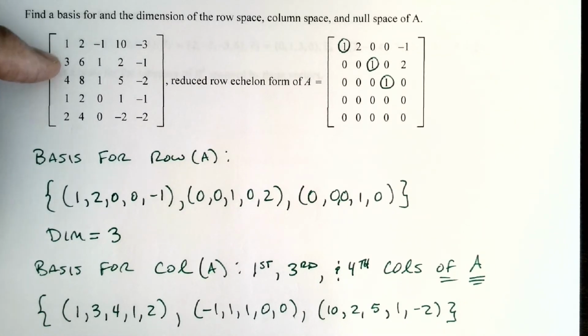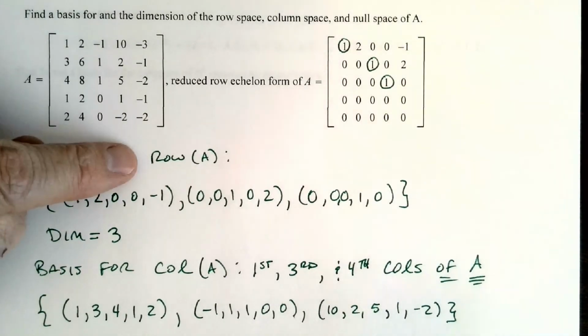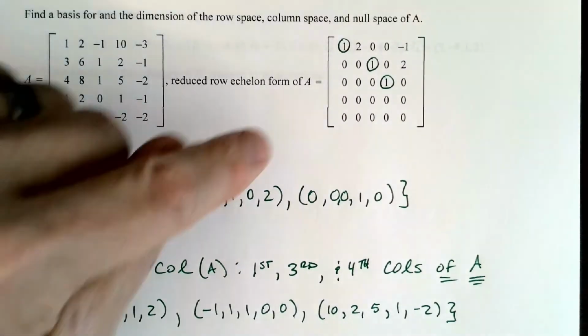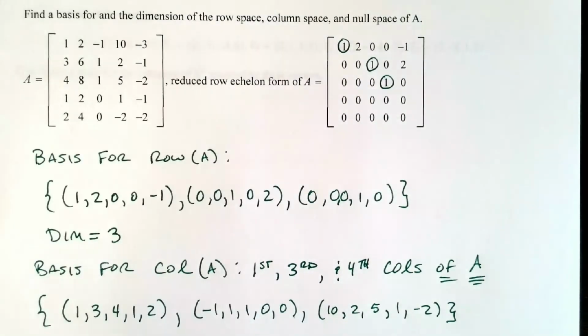So this first, second, and third row could be linearly dependent upon each other. That's a possibility, and so we cannot do that. We will show you a way a little bit later where you can find a basis for the row space of A consisting of the rows of A. So notice right now the basis for the row space of A consists of the rows from its reduced echelon form.